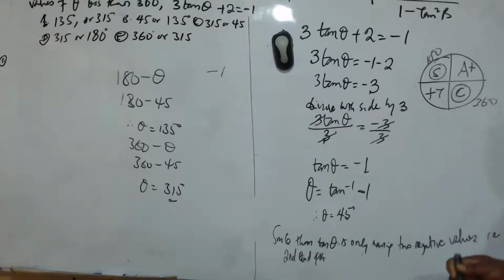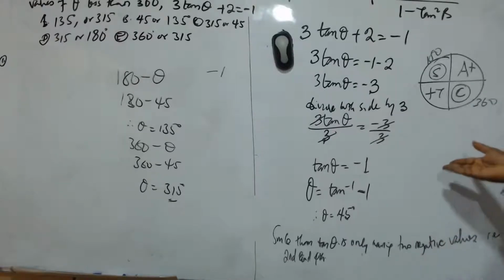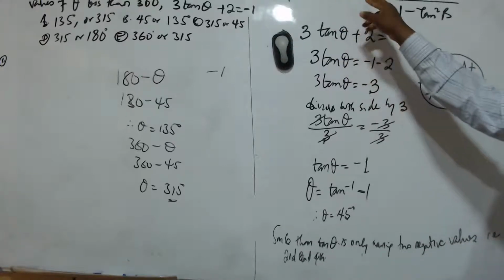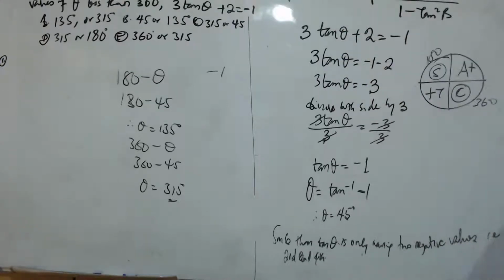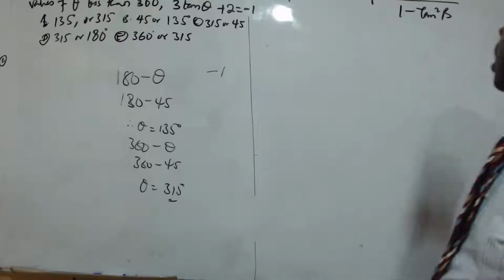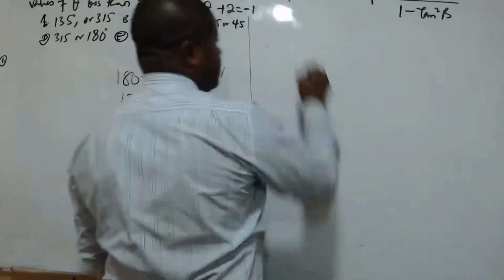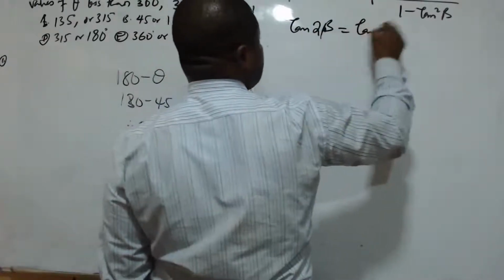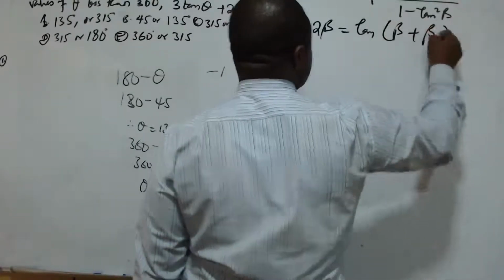Then we'll see how we're going to use that proof to apply to solve another problem. The question says prove that tan 2 beta. We don't want to know how we solve the problem, what we are interested in is getting the right answer. Okay? So we have tan 2 beta equals tan beta plus beta.